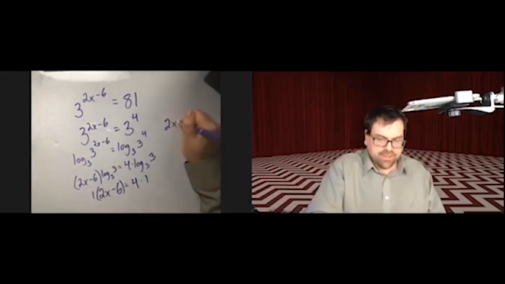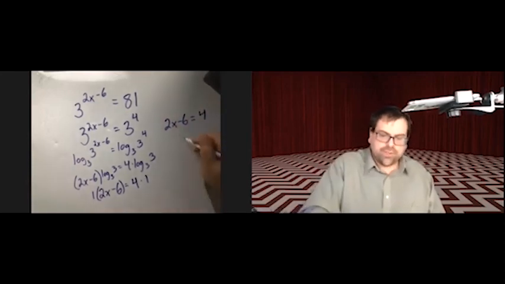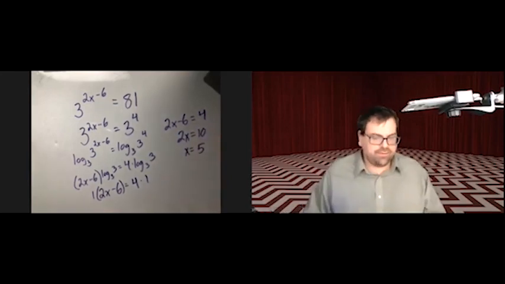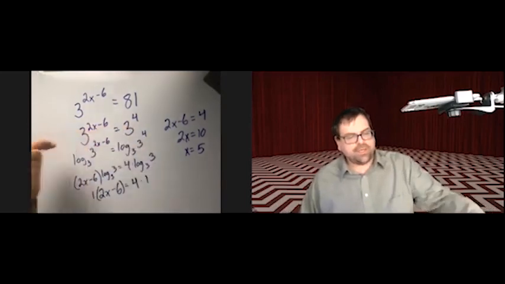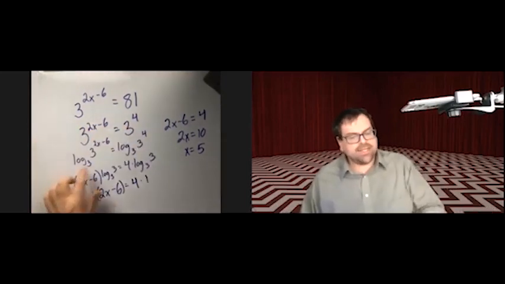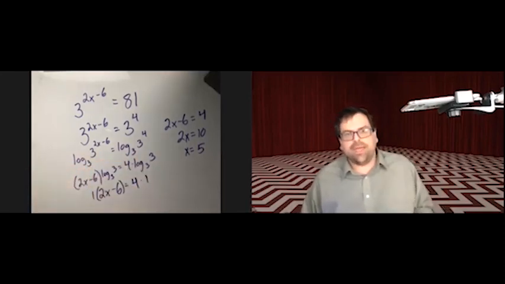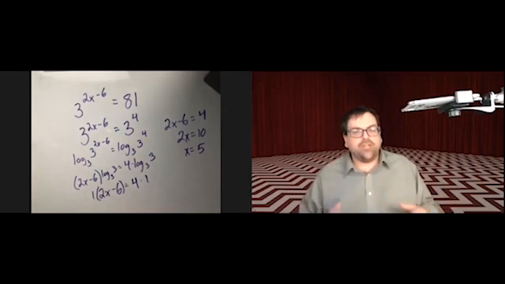Which gives us 2x minus 6 equals 4, which we solved to get x equals 5. So what's really happening is that we can take the log of both sides. And it doesn't matter what kind of log it is. Here we use the base 3 log because it helps us get rid of the base. But in general, we're allowed to take any log of both sides.